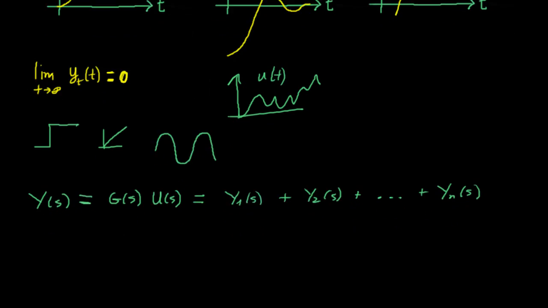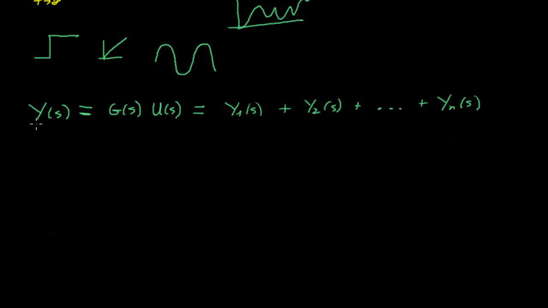Now we can find y of t by inverse transforming each one of these factors. So here we would have y1 of t and so on and so forth.